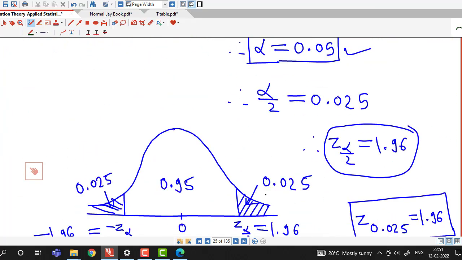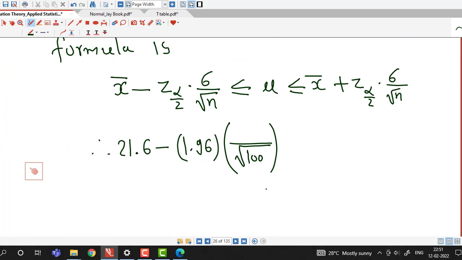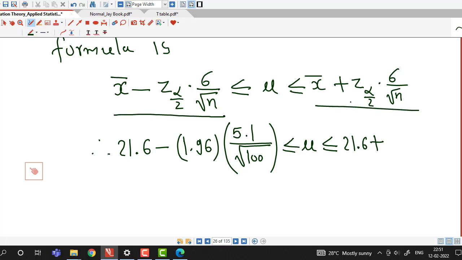So here we write: 21.6 minus 1.96 times 5.1 over square root of 100 is less than or equal to the population mean, which is less than or equal to 21.6 plus 1.96 times 5.1 over square root of 100, similar except for the positive sign.